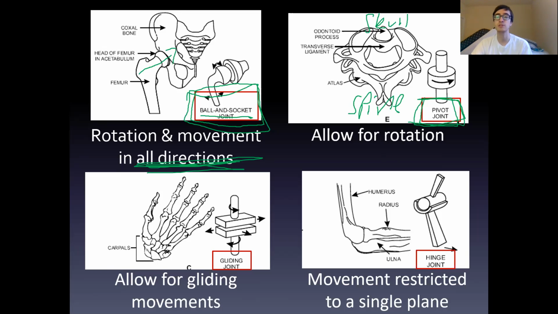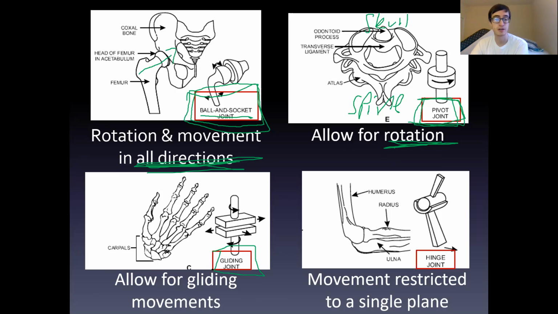This joint is what allows your head to turn from side to side like this. So this is a rotational joint. It allows us to rotate our head back and forth.